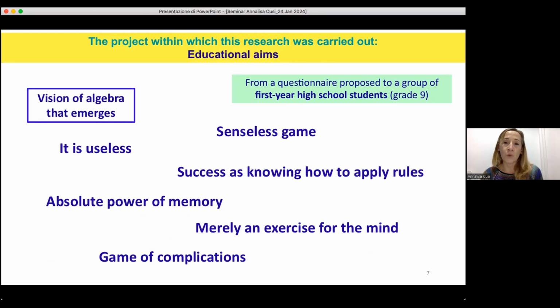And so most of them refer to the absolute power of memory. Those that write that algebra, according to them, is not useless, refer to it merely as an exercise for the mind, or, as I read in the second sentence, a game of complications, that is, a game that prepares students for the difficulty they will meet during their life.